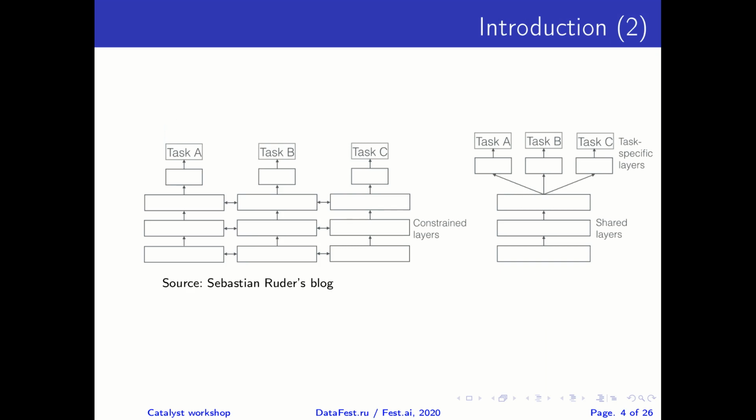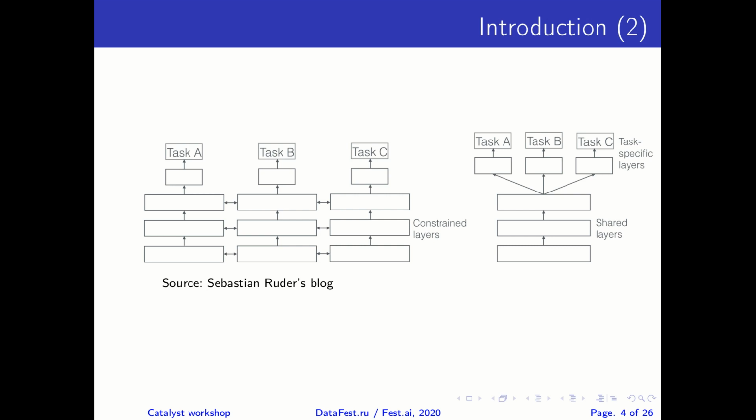So the two types of multitask learning are soft parameter sharing, which is on the left on this slide, and hard parameter sharing, which is on the right. In hard parameter sharing, you basically have a large backbone which is completely shared between the tasks, and then you have just a bunch of task-specific subnetworks and task-specific heads.